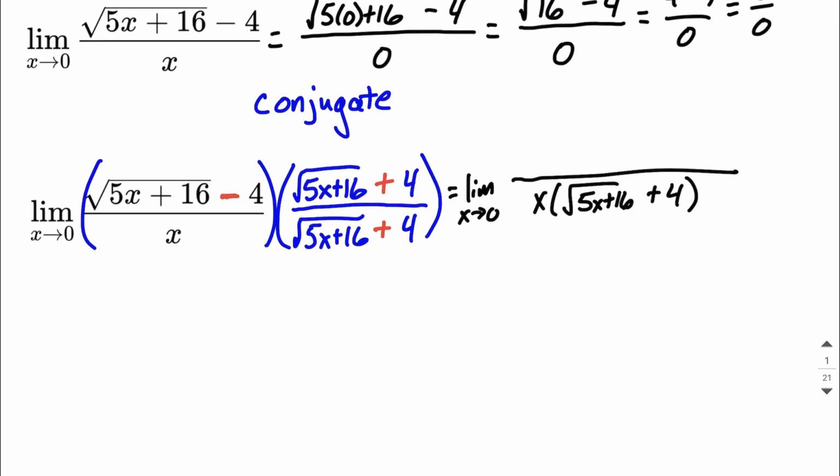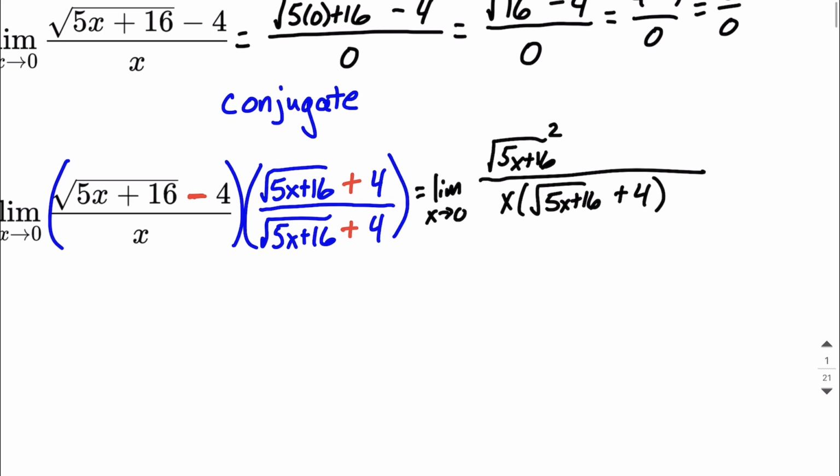It's sometimes utilized for this, but we're going to go with the first terms, the square root of 5x plus 16, multiplied by another copy of the square root of 5x plus 16. So I'm going to write that as squared because we have two copies of the same thing multiplied together.